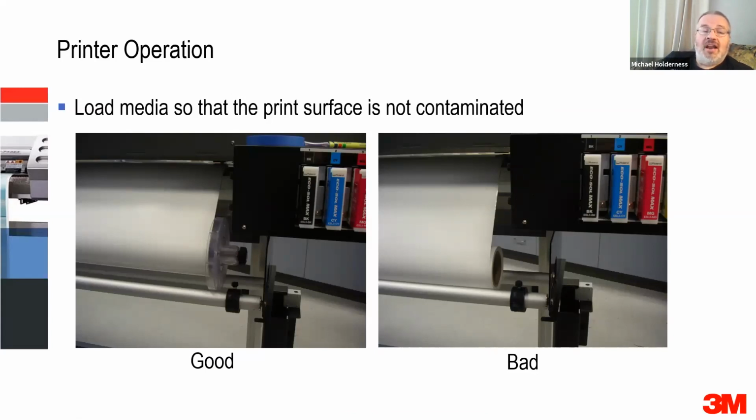Now, if you've got an HP, HPs have got loading mechanisms, and they've got a mandrel that goes through the middle. So you put a bar through the roll and you load it in and it loads the media itself. What a fabulous idea. I wish all of them would do that. My old Roland doesn't do that. I've got to load the media myself. But essentially, same idea. You've still got to keep that roll supported so that the media is not contaminated.